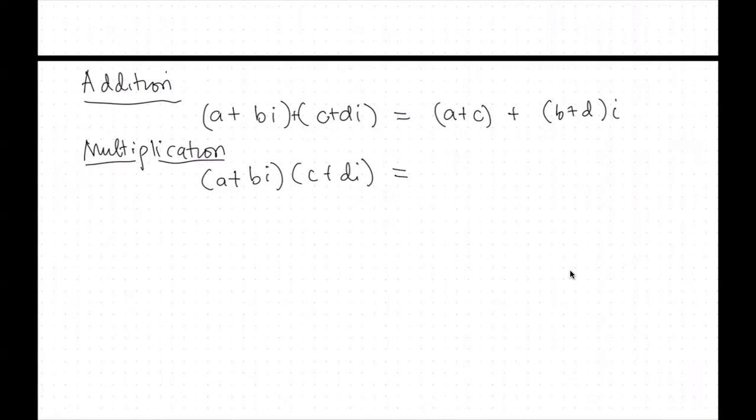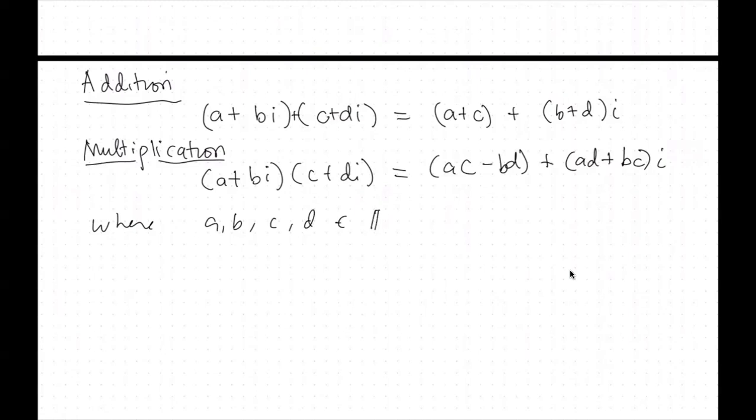You just have to recall that i squared is -1, but for the sake of ease, let me write the answer here: (ac minus bd) plus (ad plus bc)i. Here a, b, c, and d are all real numbers.